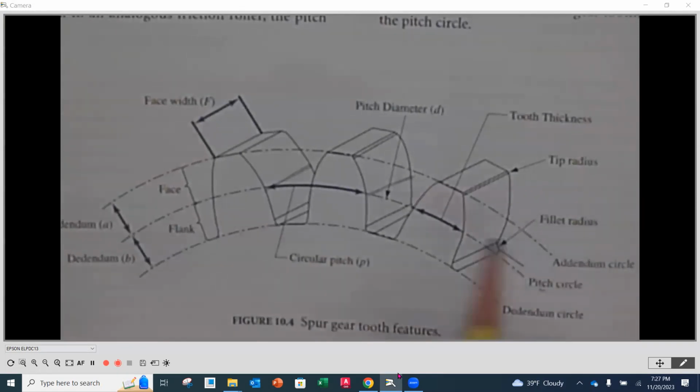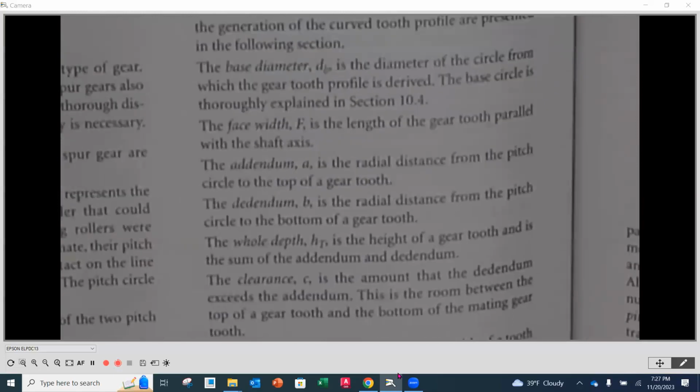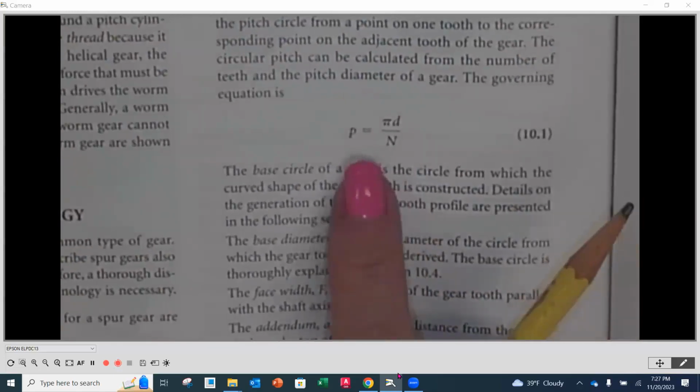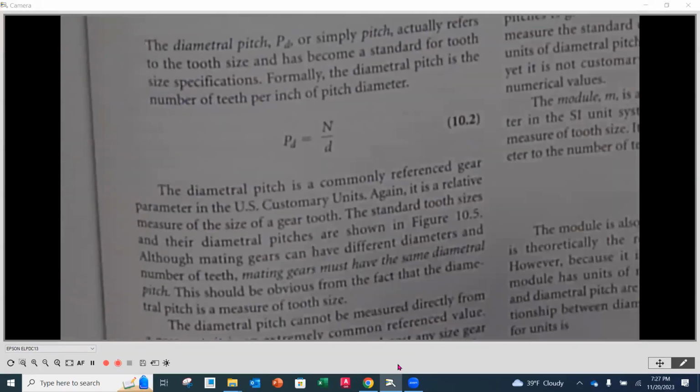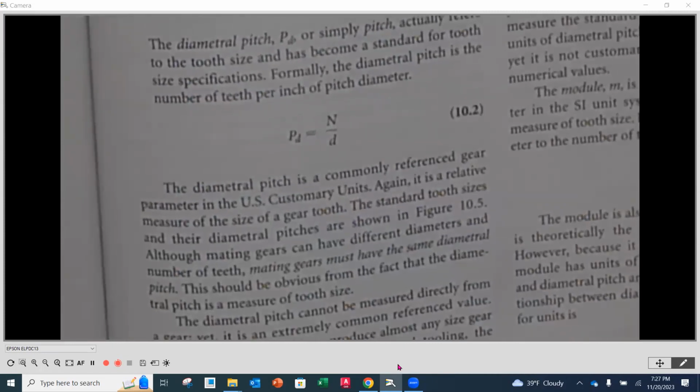Okay, now if I want to calculate that pitch diameter, I need to count the number of teeth and find out how big or small that tooth is. So as we look up here at equation 10.2, the capital P sub D is called diametral pitch.